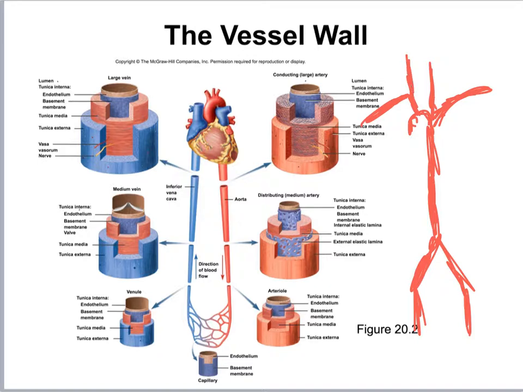All of the arteries that come off of there and go to specific places, those are distributing arteries. Like your hepatic artery that's going to take blood to your liver. Let's draw a little liver in here. Your mesentery artery that's going to take blood to your intestines. You've got your radial and ulnar arteries. A whole set of arteries that are going to take blood down your legs to various muscles within your legs.